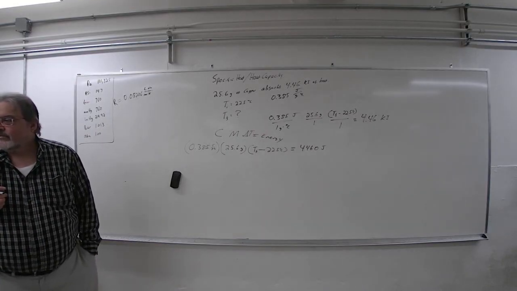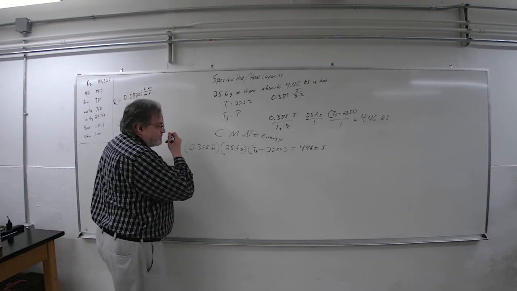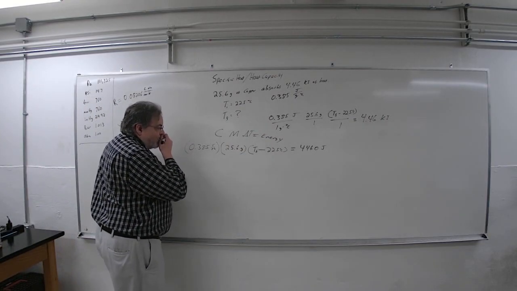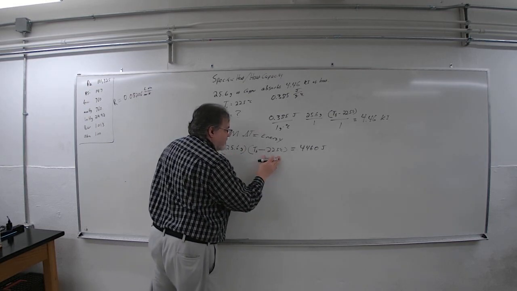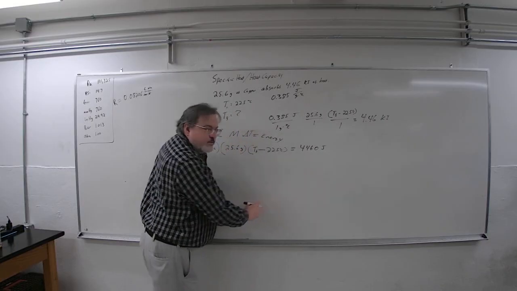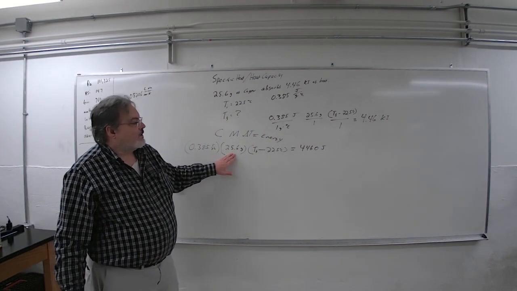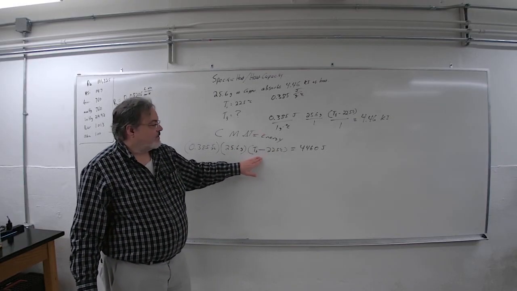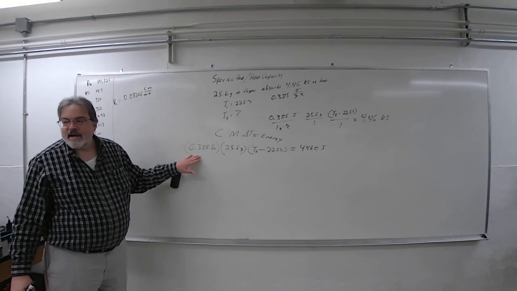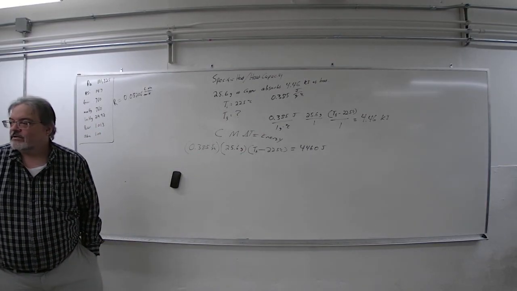Did I lose you again? The heat capacity times the mass times the change in temperature tells you how many joules were transferred. If you have this many grams of copper and the temperature changed by this interval times the heat capacity, that tells you how many joules it took to make that temperature change.